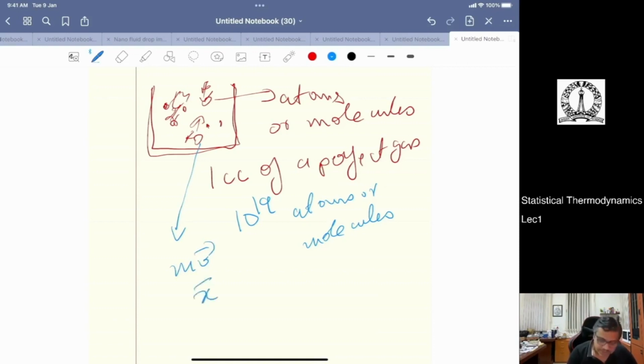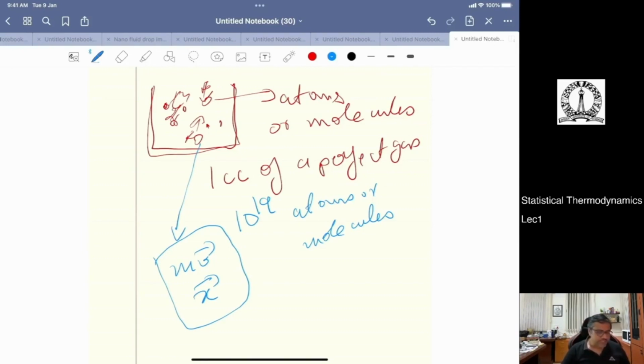If you know these, then you can evolve how these particles actually move, and essentially you would be able to describe a macroscopic thermodynamic system.